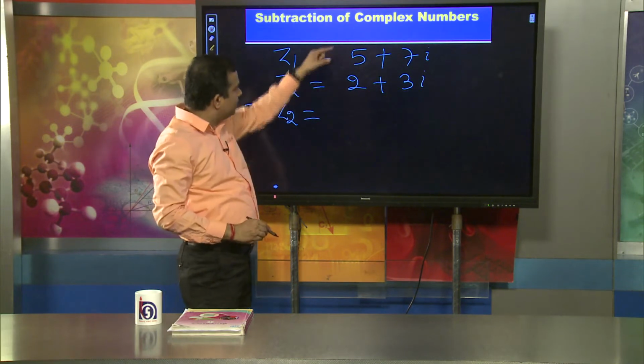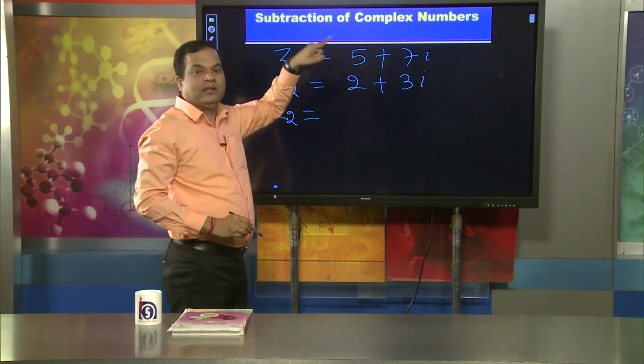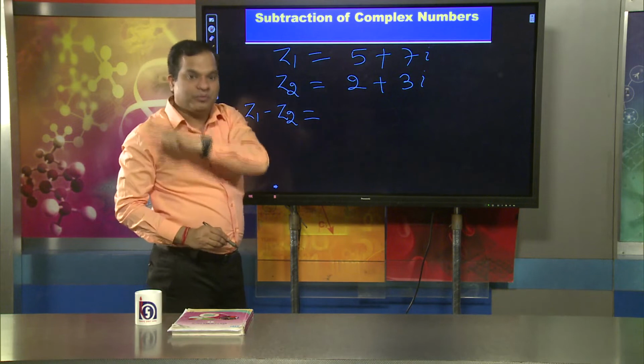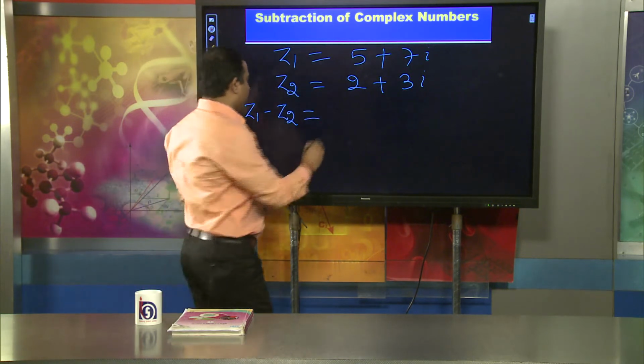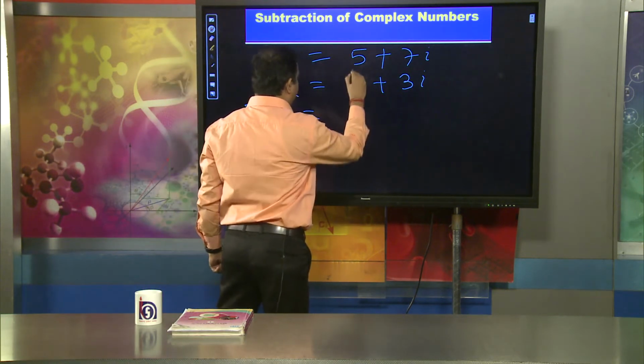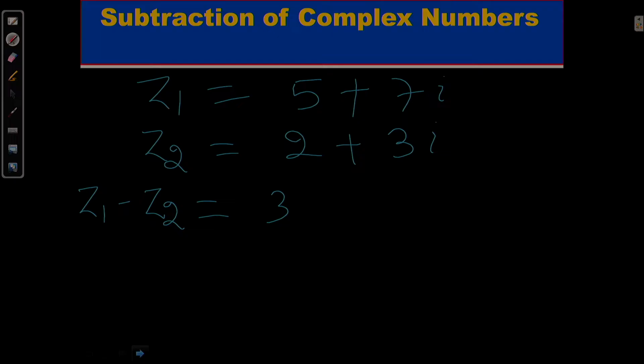z1 minus z2 means the corresponding real parts are subtracted from each other. That means 5 minus 2, that is 3, plus 7 minus 3, which equals 4i.